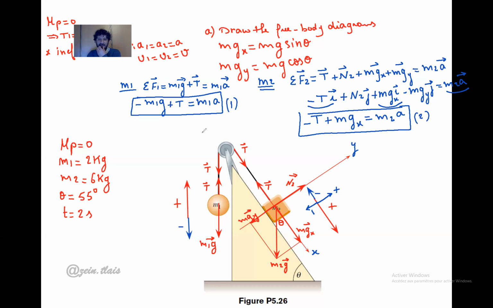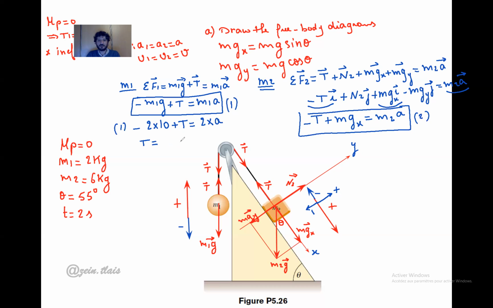Let me be careful here. No, it's okay. I want to substitute for the equation 1: minus M1, which equals 2, times 10, plus T equals M1 times A. So T equals 2A.